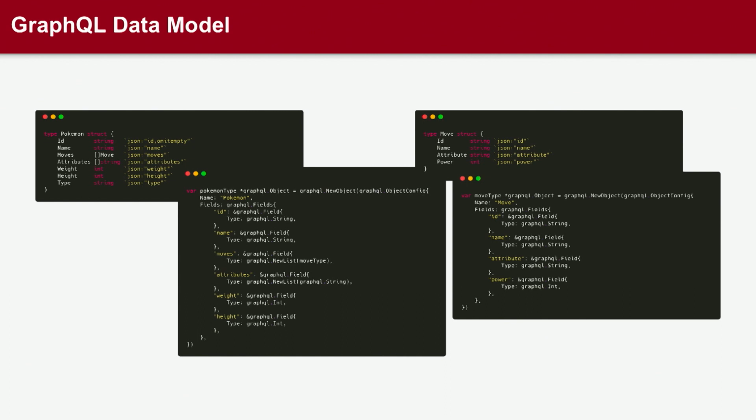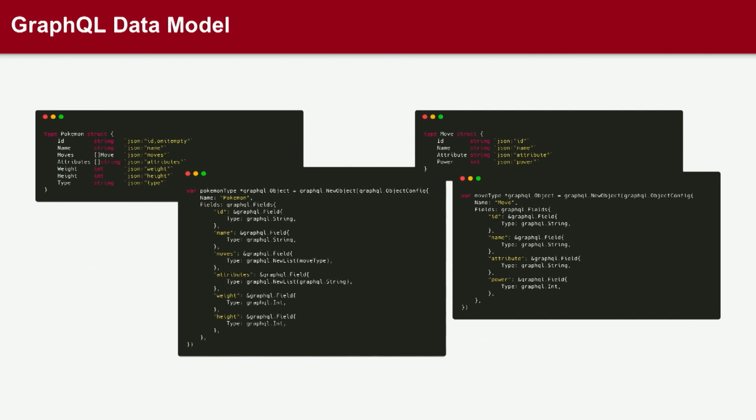So in the example of Pokemon, we've referenced the fields that we would expect based on my previous queries. So for example, we have moves, which would be a slice of move, which is the other native Go data structure that I have on the right. We have string values. And then for the Go GraphQL object, we have a string.